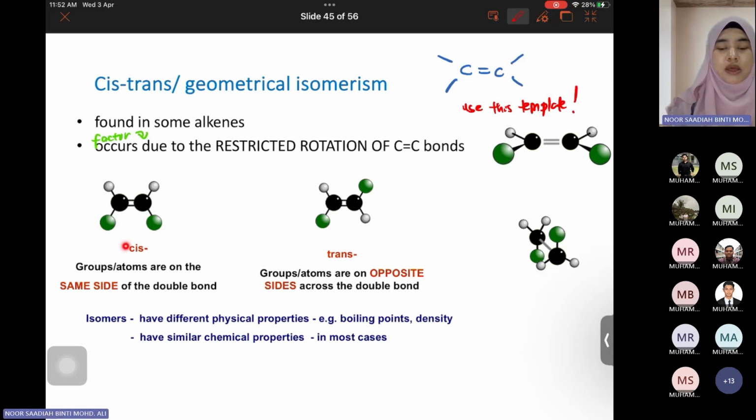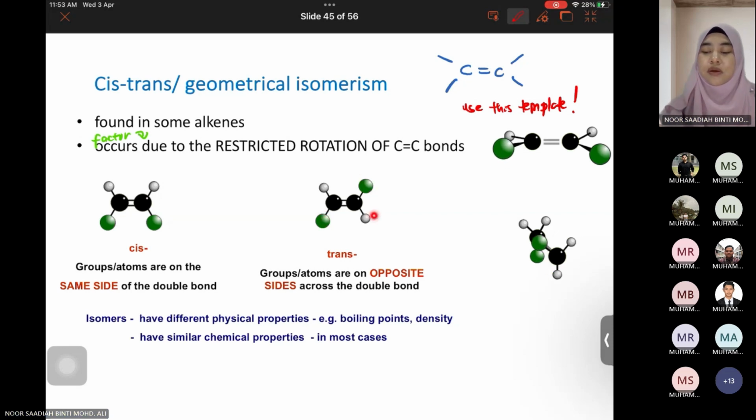Now this one is the original structure. If we insist on rotating at the carbon double bond carbon, then there will be a change in the position of one of the carbons, and it can be represented as this structure. When we rotate one of the carbons with the double bond, the position will be exchanged.